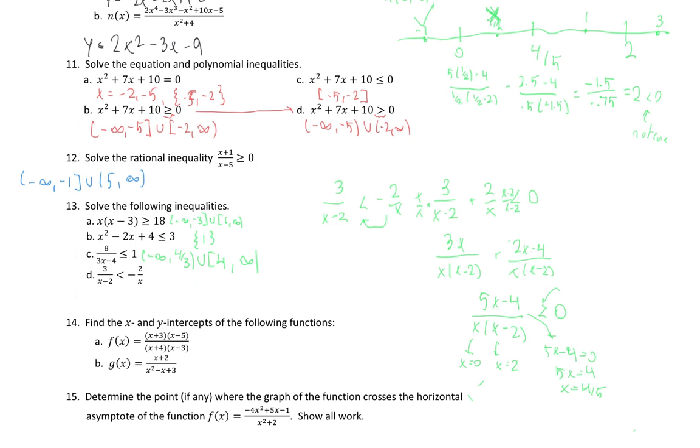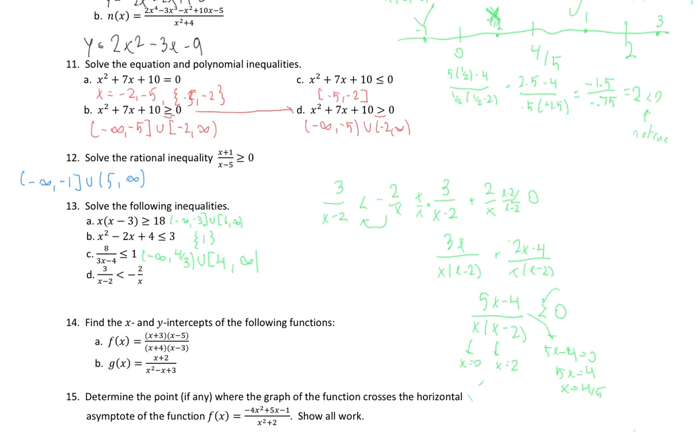Now if we try 1, 5 times 1 minus 4 over 1 times 1 minus 2. Well, we'll get 5 minus 4 over 1 times -1. So we get 1 over -1, which is just -1, and that is less than 0. That works, so we'll include 4/5 to 2.